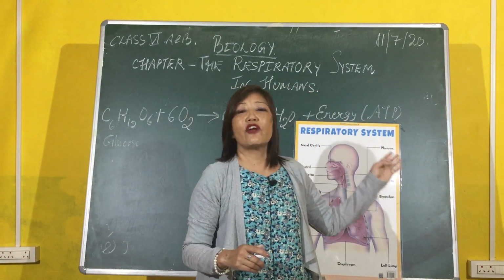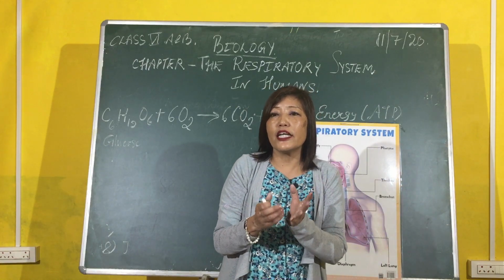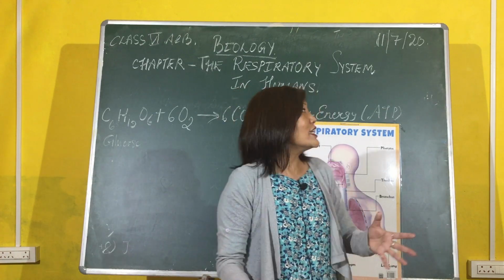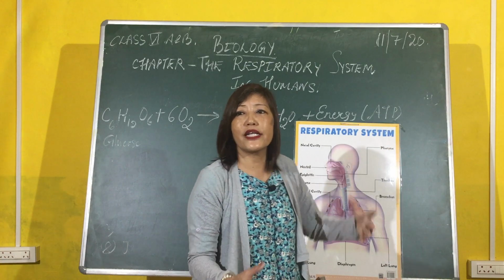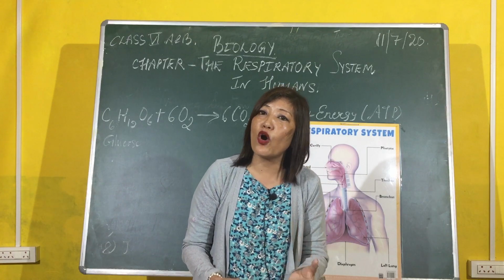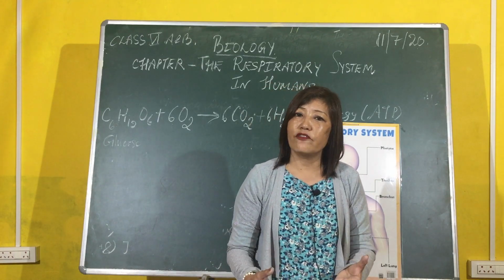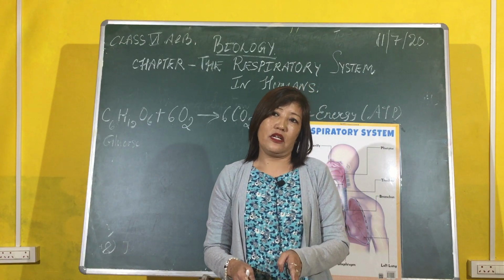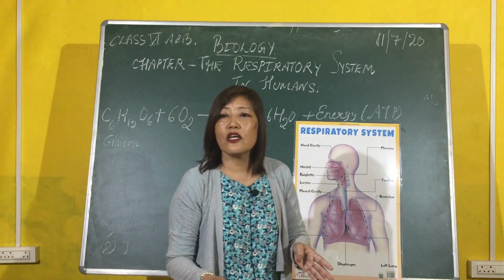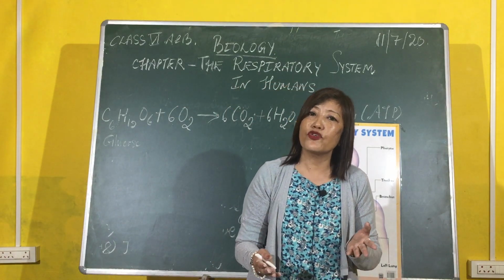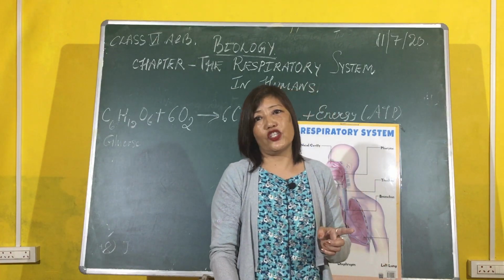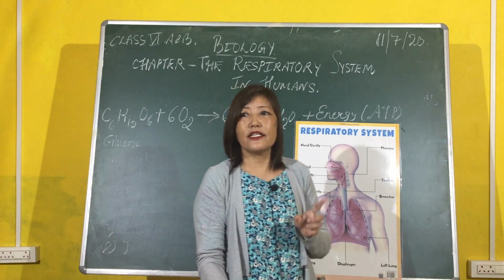This adenosine triphosphate will be stored in each cell as energy, and when the energy is needed, these ATP molecules will break down to release energy, and that energy will be used by our body for physical activities and metabolic activities. So, what is respiration then? Respiration is the process where food is oxidized to release carbon dioxide and water as byproducts and energy in the form of ATP.